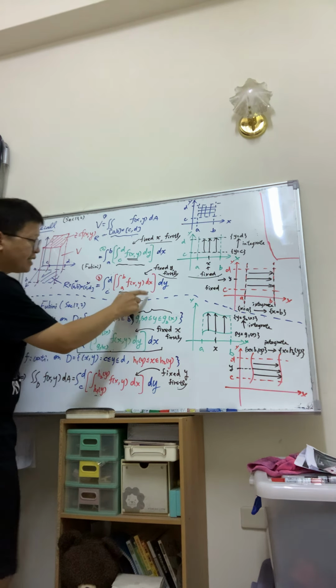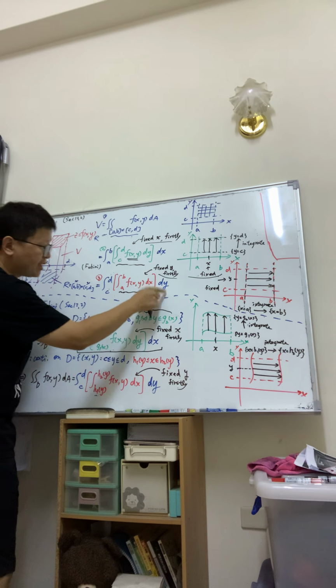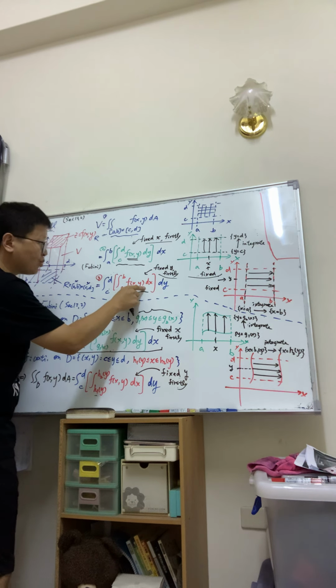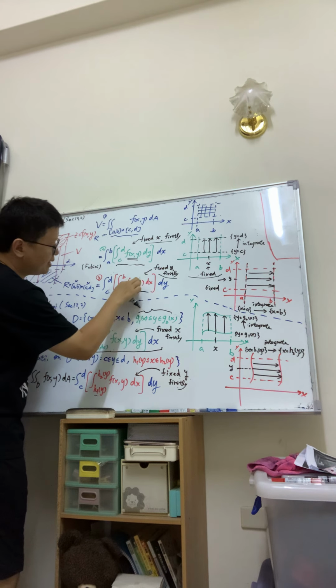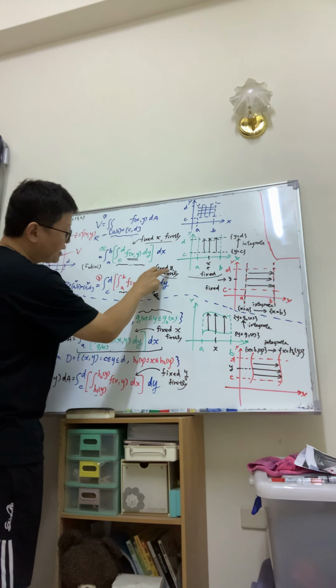And here we integrate x firstly, and after that we integrate y. But when we integrate x, we should view y as a constant. That's why we wrote here, fix y firstly.